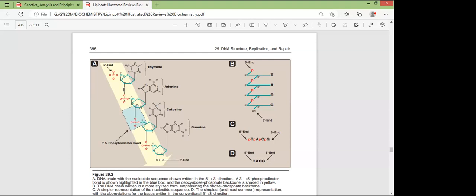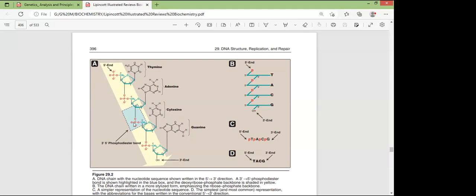Now, what you need to recall about the structure of DNA is that you have your purine or your pyrimidine. Now this is a pyrimidine. It's linked to the sugar. Here is your deoxyribose. And then this is linked to this phosphate group.